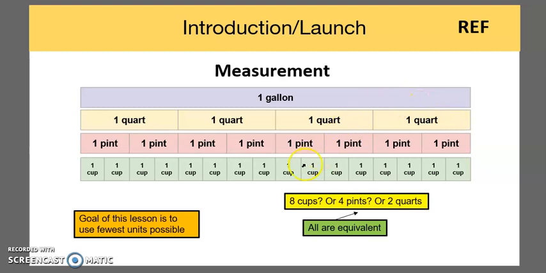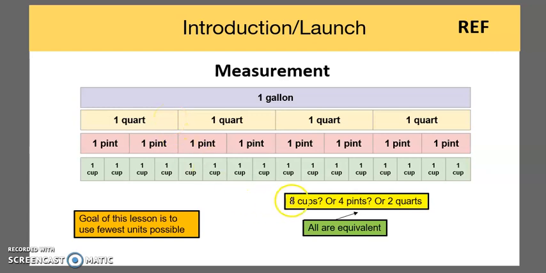The goal of today's lesson is adding like terms. We're going to add quarts plus quarts or pints plus pints. When we add up these units, we want to convert them into the fewest units possible. So if we have a lot of quarts, we will see if we can convert them into gallons. If we have a lot of cups, we would see if we can convert them to pints, and then even quarts, and so on.